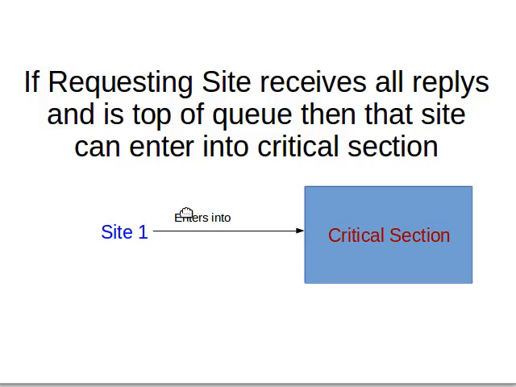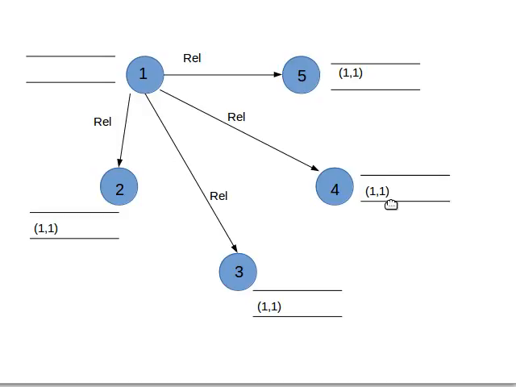Site 1 enters into critical section, performs its tasks, and then exits critical section. On exiting, site 1 removes its request from its own queue, and sends a release message to all the other sites.